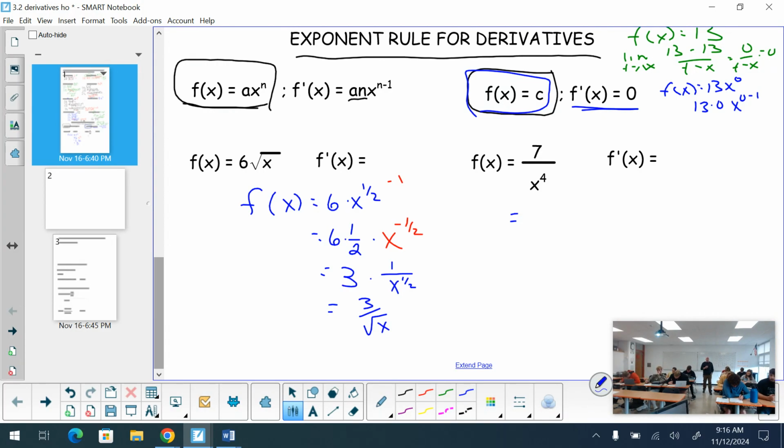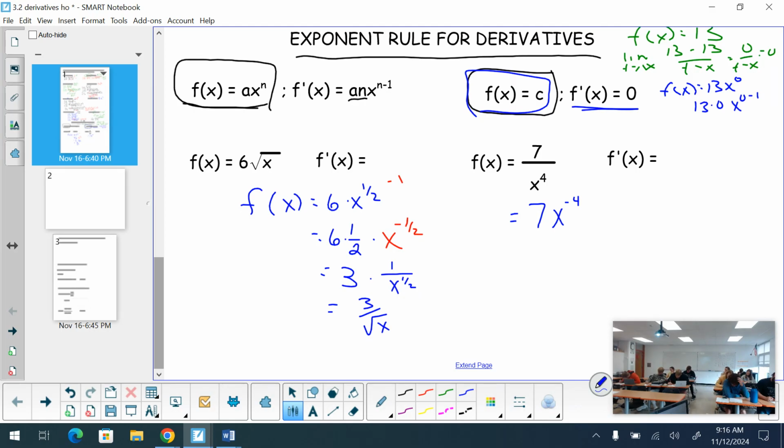How can we rewrite this in the form of a times x to the nth power? How can we take the value x to the 4th out of the denominator and move it into the numerator and make the exponent negative? So we have 7x to the negative 4th power.